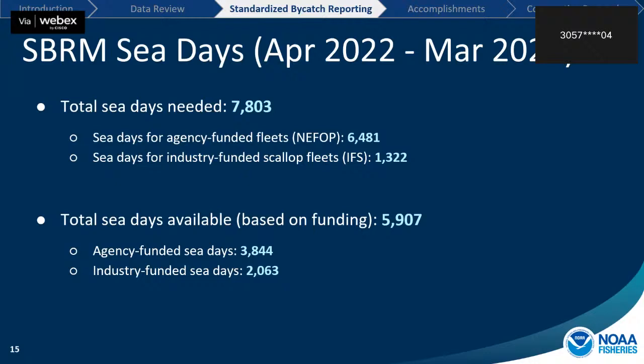The scallop compensation process to determine the industry-funded sea days is separate from the SBRM analysis that takes the SBRM budget lines and equates that to a number of days. So that's probably the broad answer, but I'm happy to get a more detailed answer from our analytical team to explain why those ratios change after it goes through the budget ratchet process.